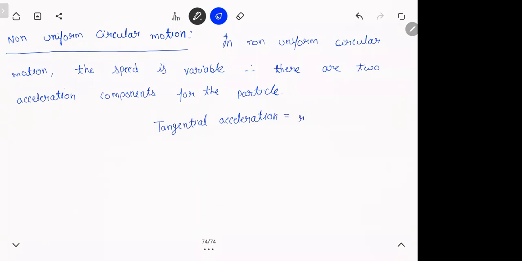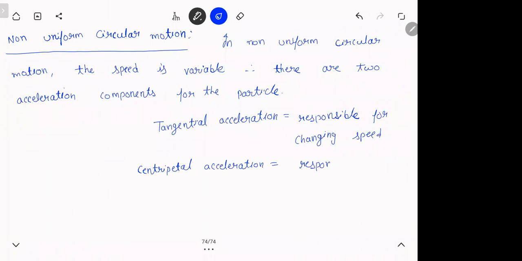This is responsible for changing speed. So there is no tangential acceleration in uniform circular motion, because there the speed was constant, no? And then we had centripetal acceleration. This we studied. This is required to make you go in a circle. Responsible for the particle to go in a circle.